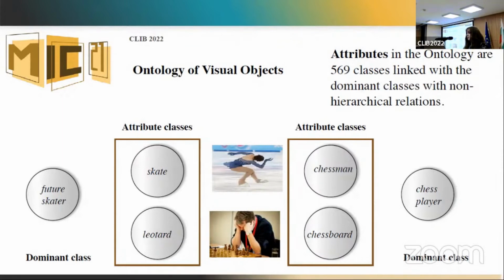The main players, the dominant classes, actually use in the scenes which were depicted at the images. For example, skate and leotard are attribute classes to figure skater, and chessman and chessboard are attribute classes to chess player.